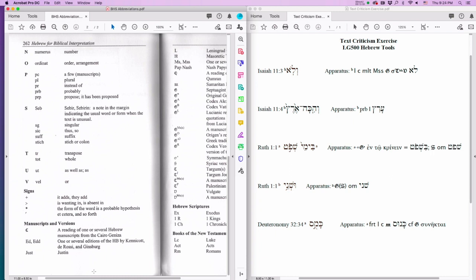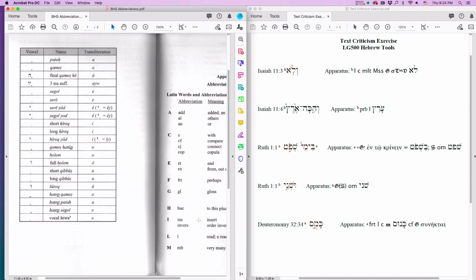However, the apparatus suggests that probably instead you should read aritz.